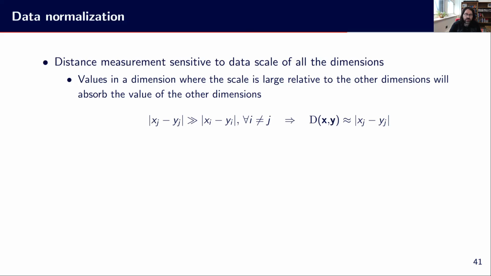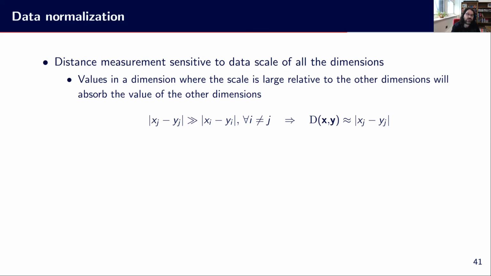A value in a dimension where the scale is large relative to the other dimensions will absorb the value of the other dimensions. So basically, this is the idea that when we have a big difference, this will count for much of the distance versus the other dimensions.